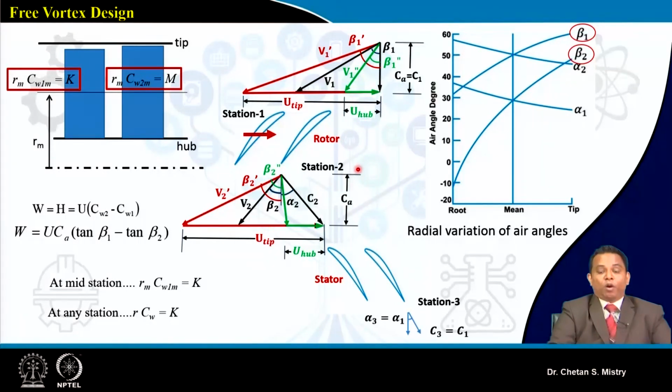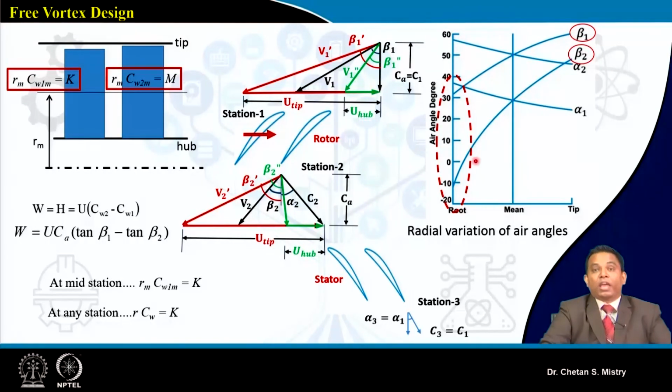All the way from hub to shroud, my beta 1 and beta 2 are changing. The change in beta 2 and beta 1 is because of the change of peripheral speed. And this is representing what is happening with my beta 1 and beta 2. So in this particular region, this is the station at hub where my delta beta is coming to be large.